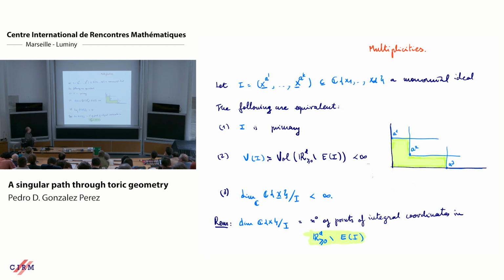And it is easy to see that the dimension of this quotient is equal to the number of points with integral coordinates in this green zone, this complement.